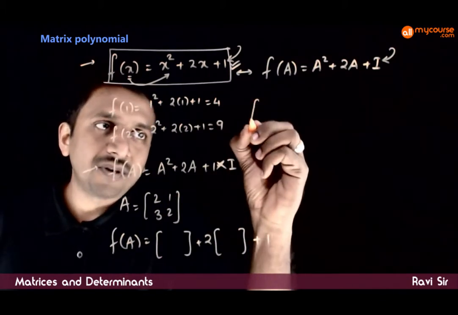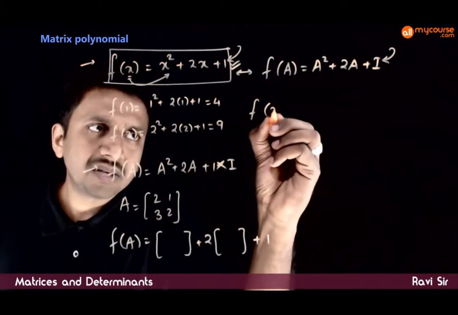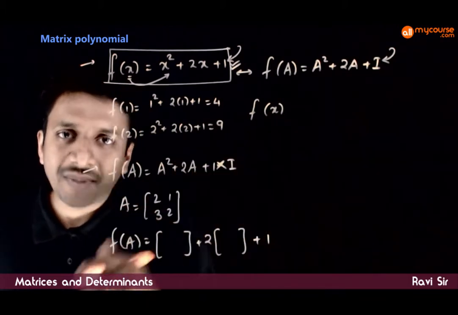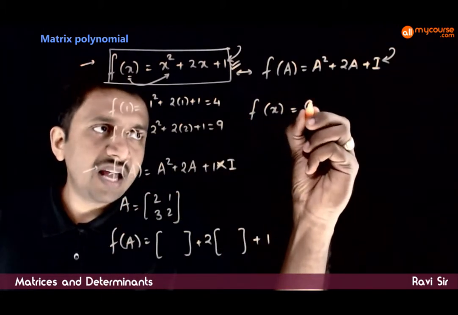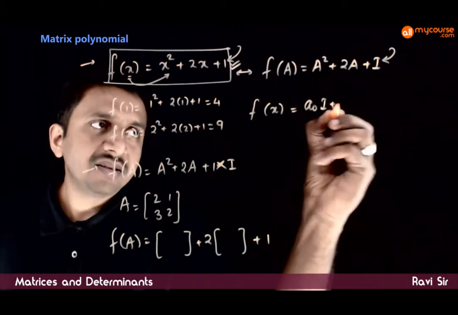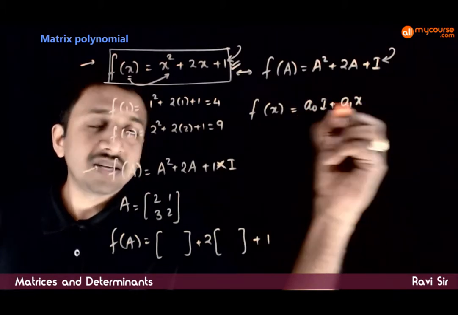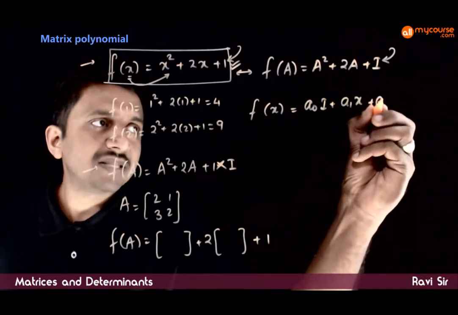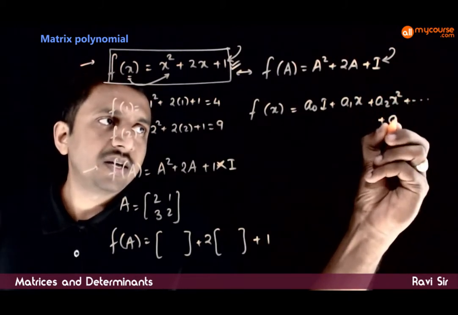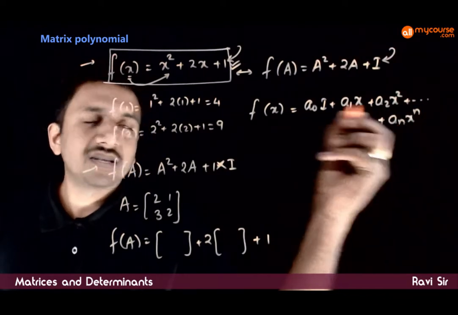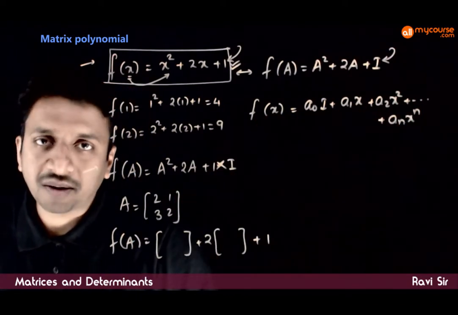So an example of a matrix polynomial, you can think of x also as a matrix. So f of x can be thought of as a naught times I plus a1 times the matrix x plus a2 times matrix x square plus so on plus an times the matrix x power n.